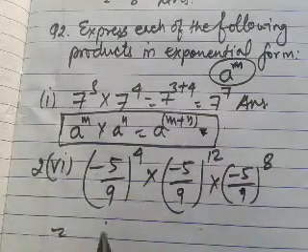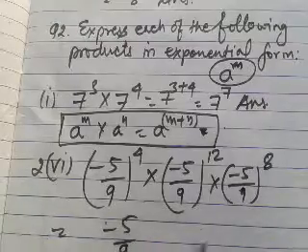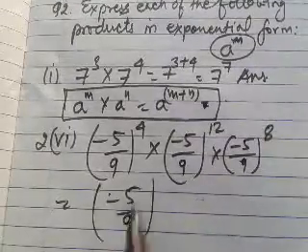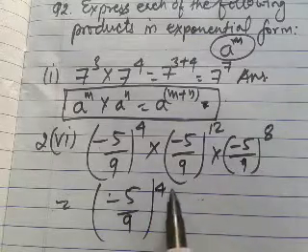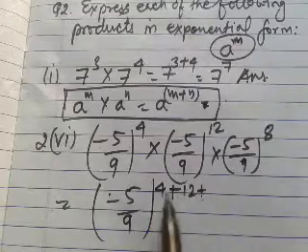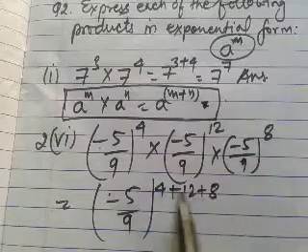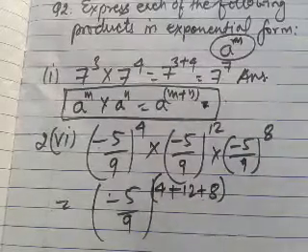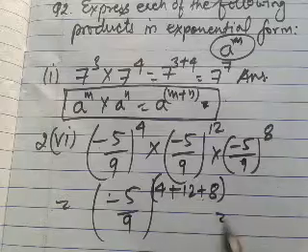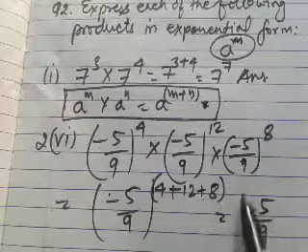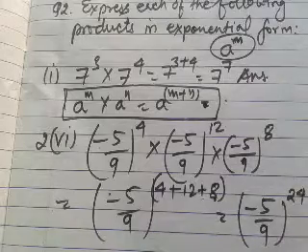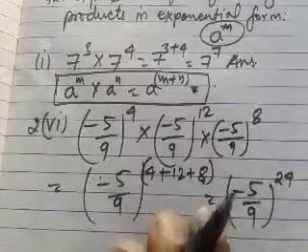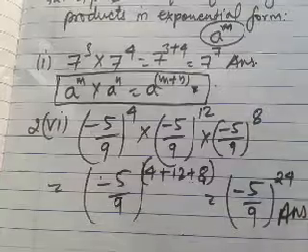So we can write minus 5 upon 9 as a base, and in case of multiplication, the powers will be added to each other. So 4 plus 12 plus 8, and we will get minus 5 upon 9 raised to the power 24 as the answer of this question.